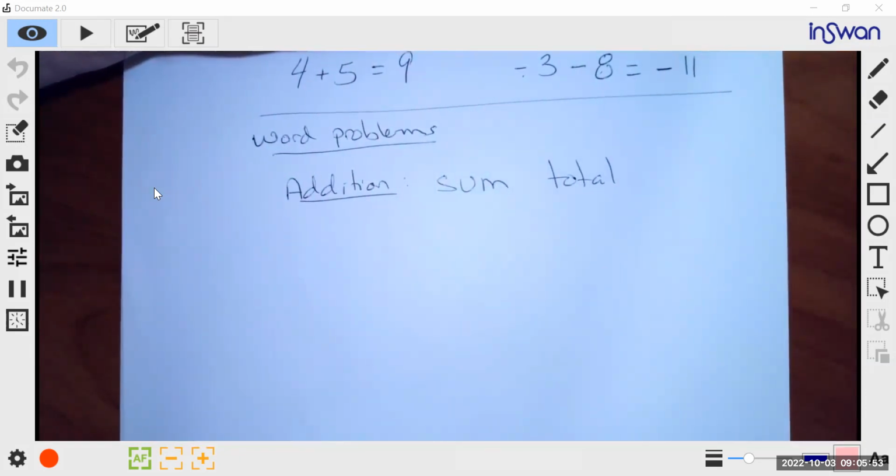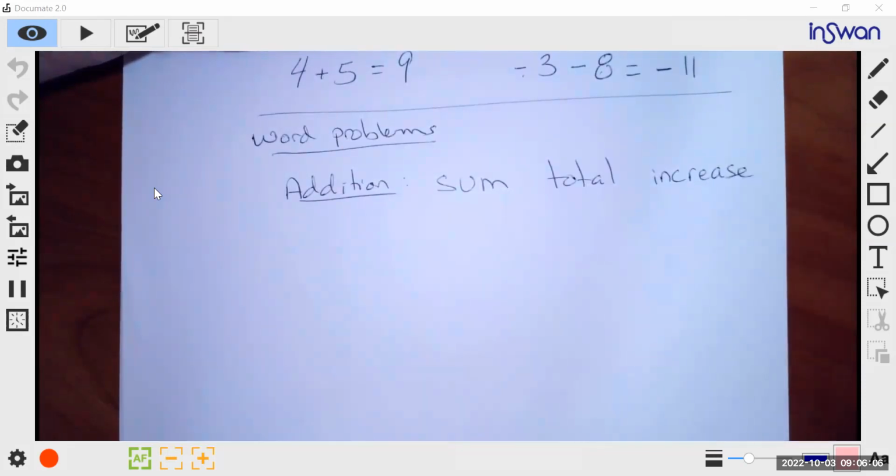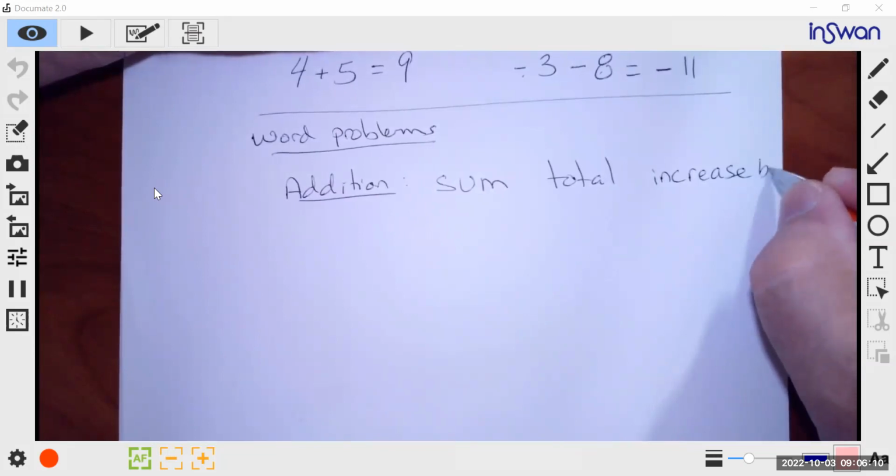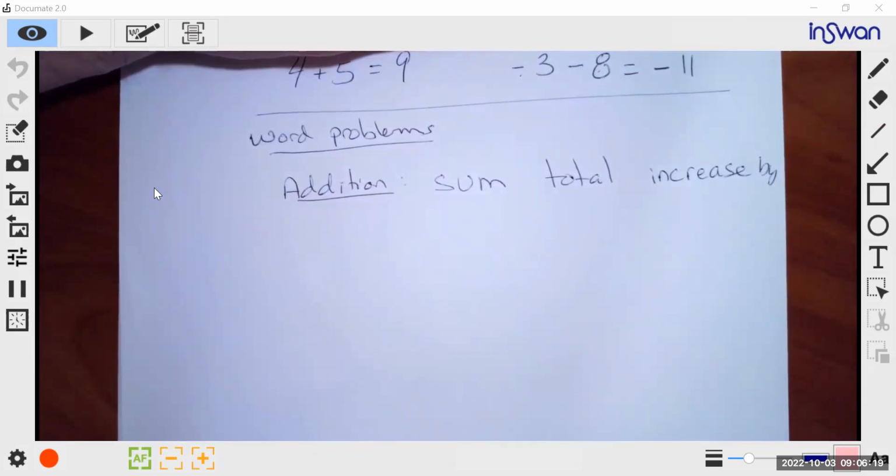What else? Increase or increase by. If the current price of gasoline is $3 and it increases by 10 cents, what is it now? 3.10 because you added them.